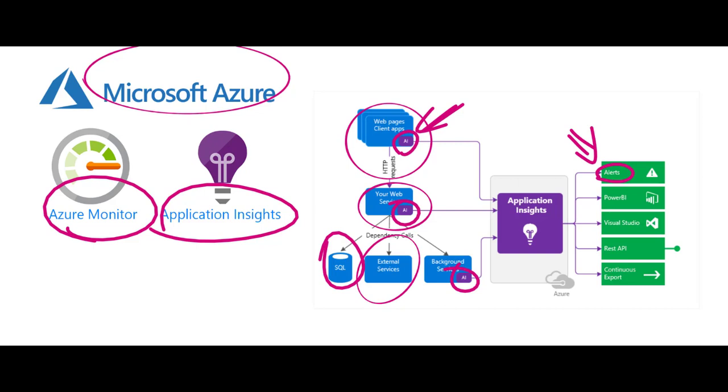Maybe you want to send messages. Maybe you want to have a dashboard constructed. Maybe you want to do something in Visual Studio in code based on what you see, or implement a REST API, or export the data out for what is going on within your application.